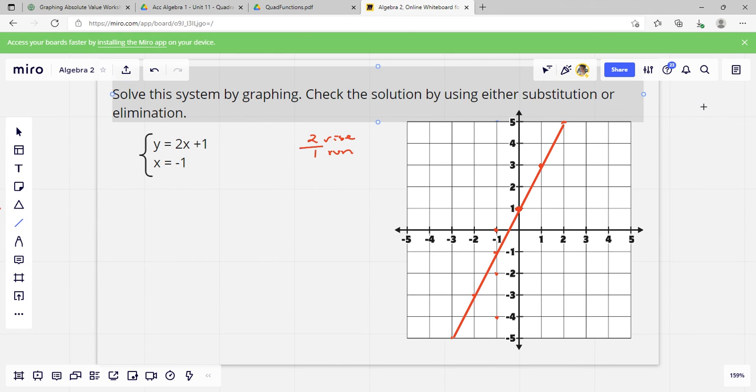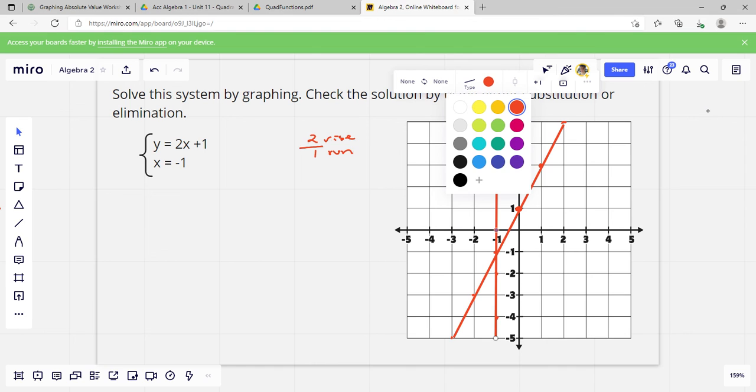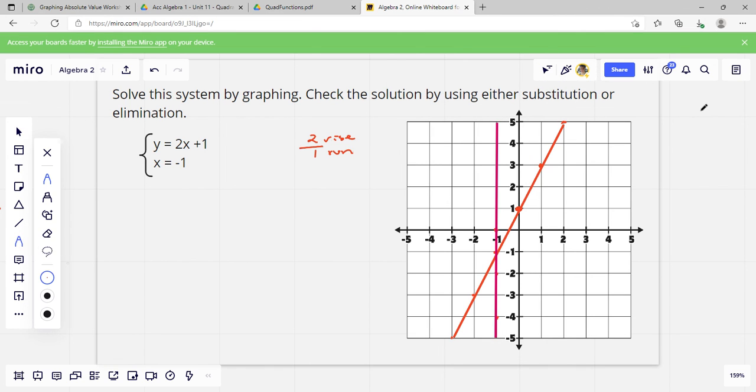Run it from there down to there. There we go. Okay, and then the point where they meet is going to be right there, and that looks like negative 1, negative 1.